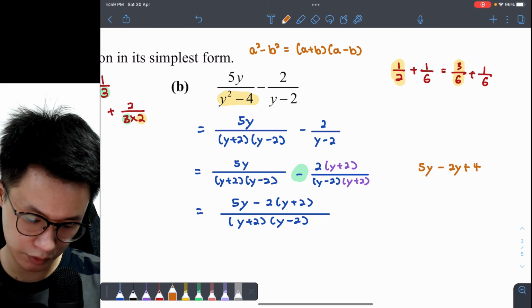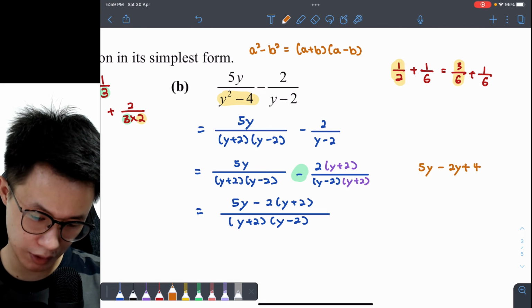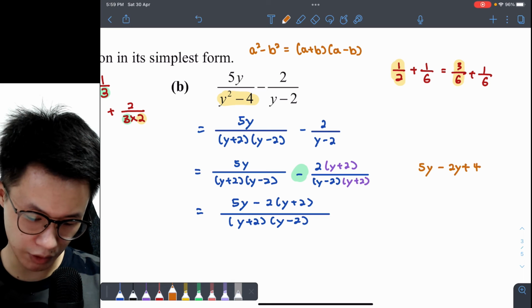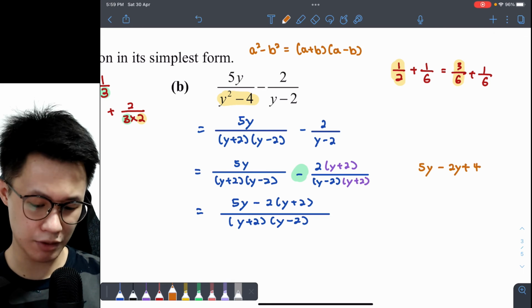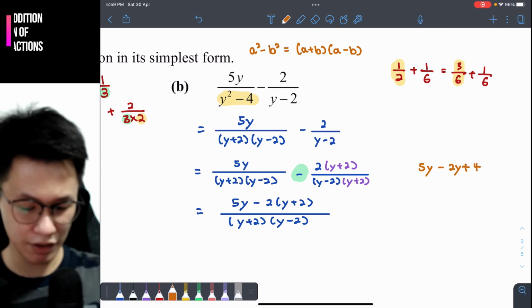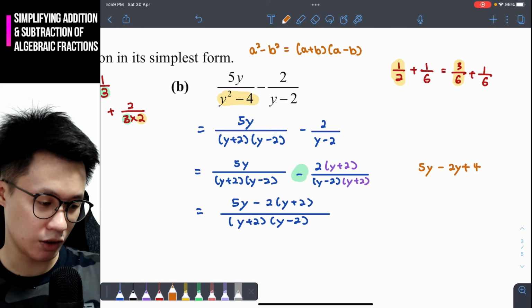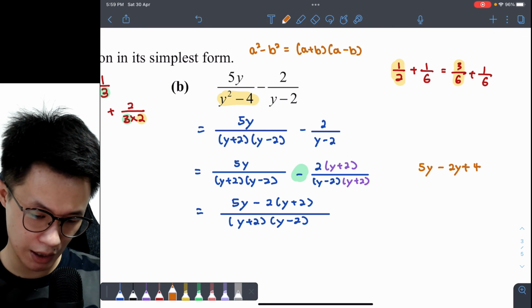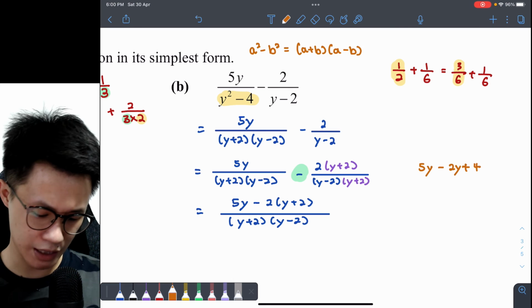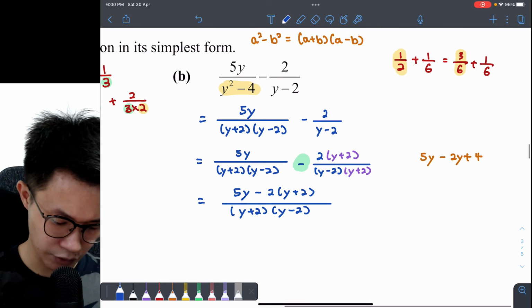No, plus 4, right? It's going to give you a false answer because you forget about the negative sign. When you're taking a minus sign, you're taking the entire thing on the left minus the entire thing on the right. Hence, that's why I have to not expand it first, to ensure that the value stays the same.